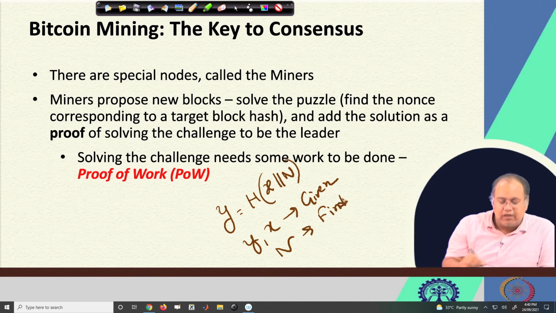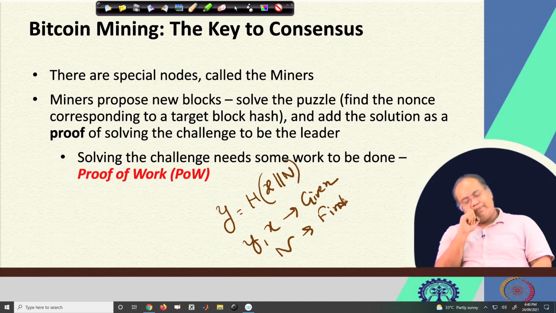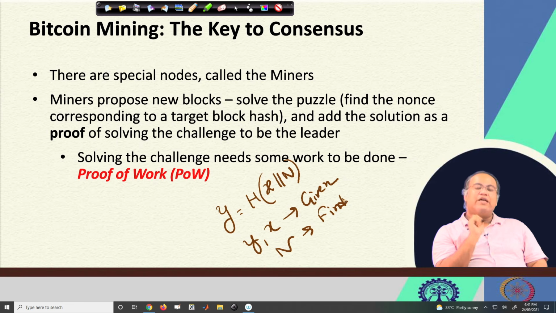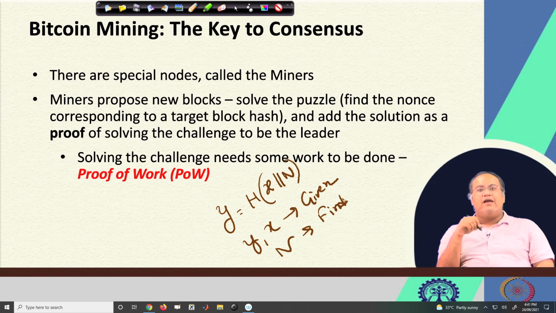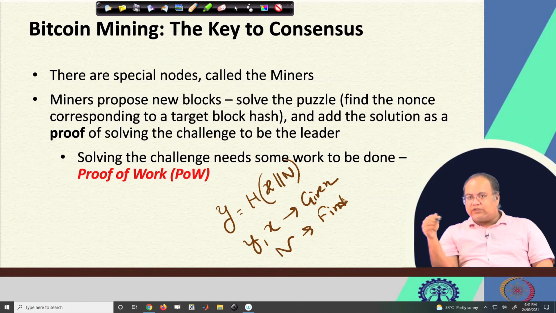This is the challenging problem, and because it is challenging, the miners need to keep retrying. When they keep retrying, they need to put up their computational power. Because you have to do certain work whenever you try to find the solution, we say that you are doing work.